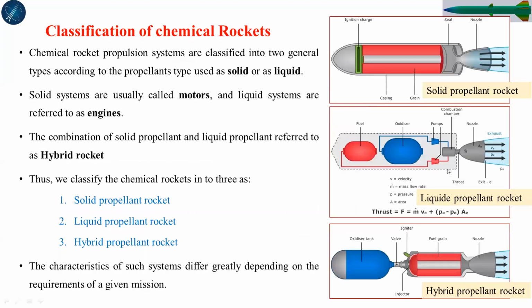Now the classification of chemical rockets. As we have discussed previously, solid propellant rockets use solid propellant, that is, the grains are solid here. This is the propellant. There is an ignition charge here. This is the casing, the motor case, the outer case, and there is some sealing.